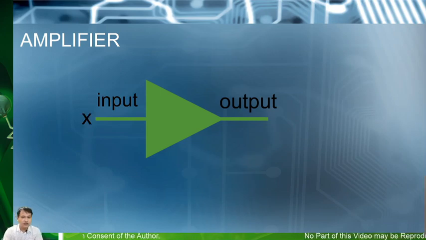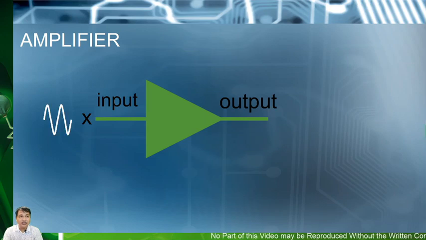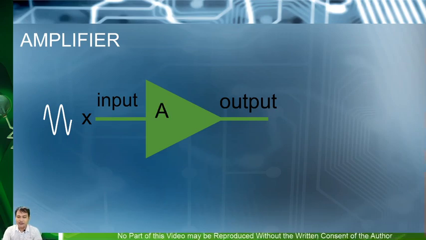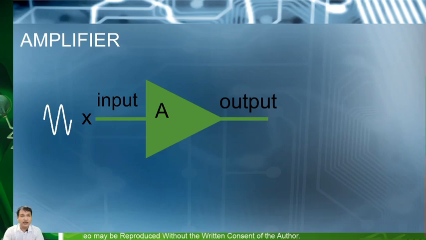So, if I put a signal X in here, usually a voltage or a current, to the amplifier that has an amplification factor or gain, which is represented by the letter A.